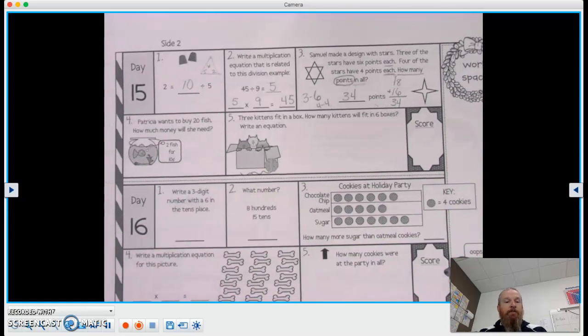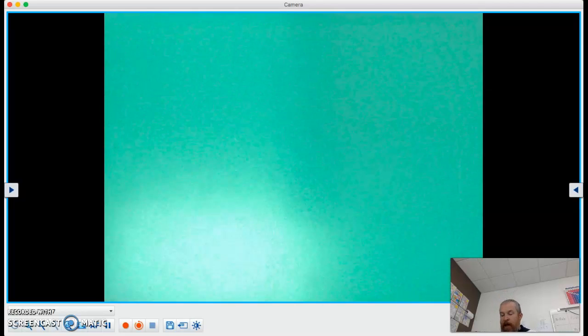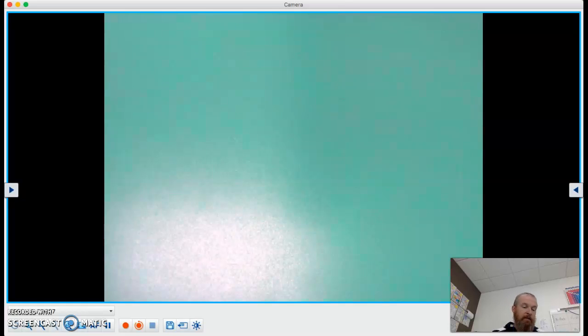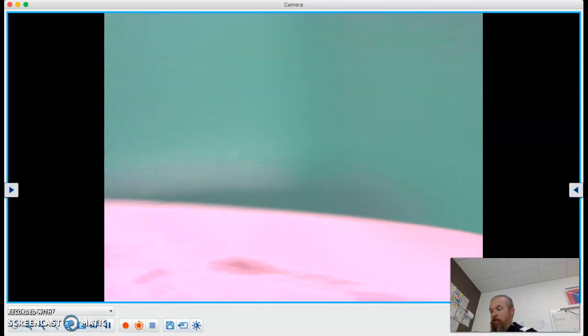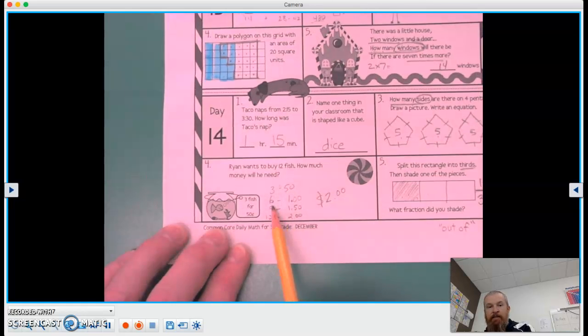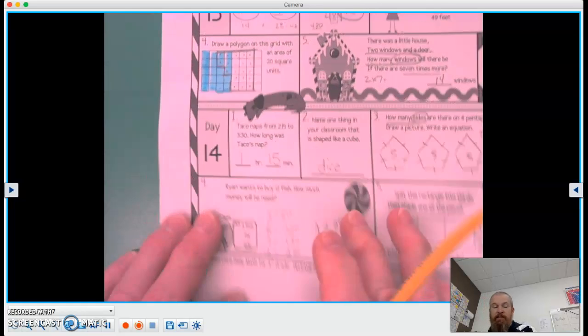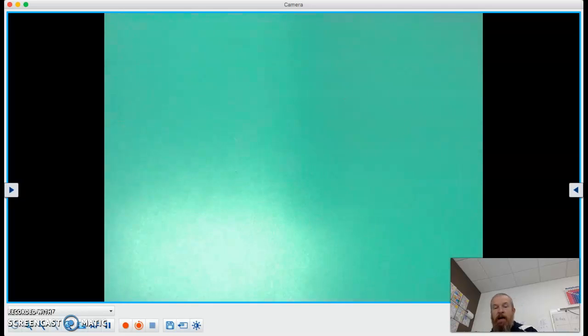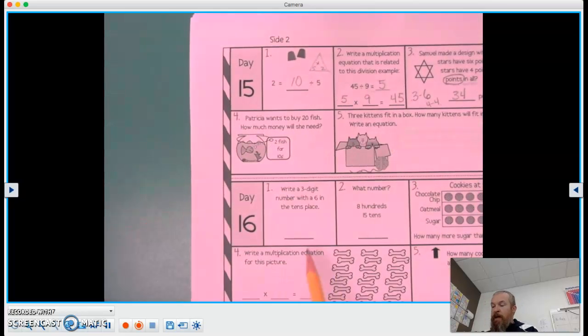Okay, Patricia wants to buy 20 fish. How much money will she need? Okay, we'll get 2 fish for 10 cents. Now last time we did this, we kind of did the pattern, right? What we did is we drew out 3 and then 6, 9, and 12 because it was 3 fish for 50 cents. And now we have 2 fish for 10 cents.